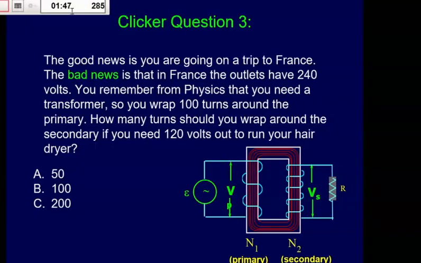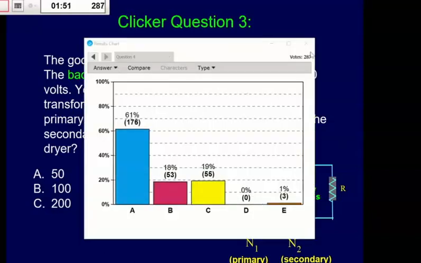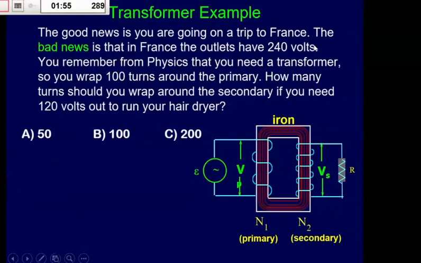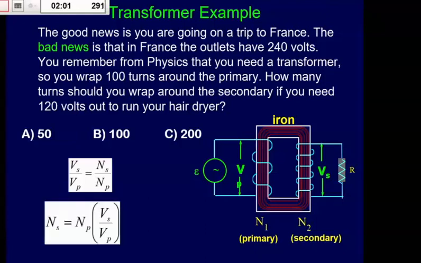Okay, so I think that's most everybody, and I do believe I agree with the majority, so that's great. The way you would look at this is our relationship, and in this case you're trying to find Ns, the number of secondary loops.